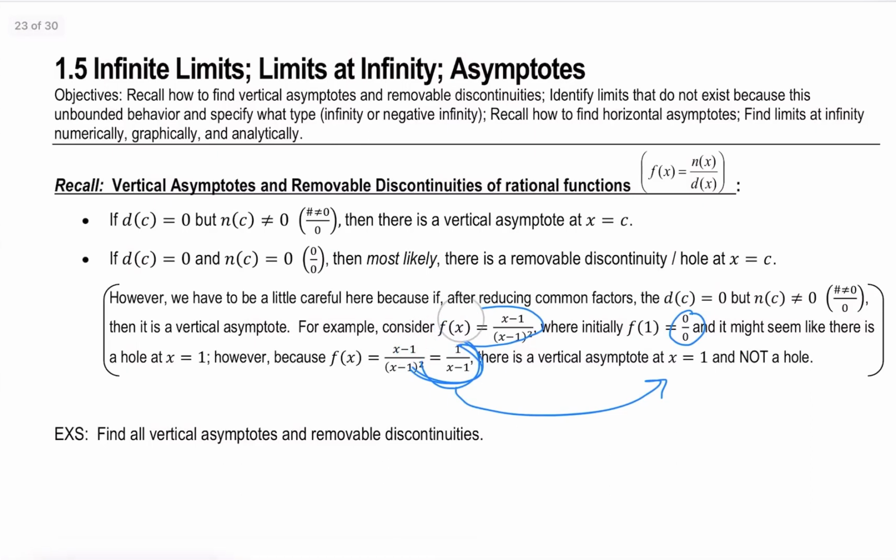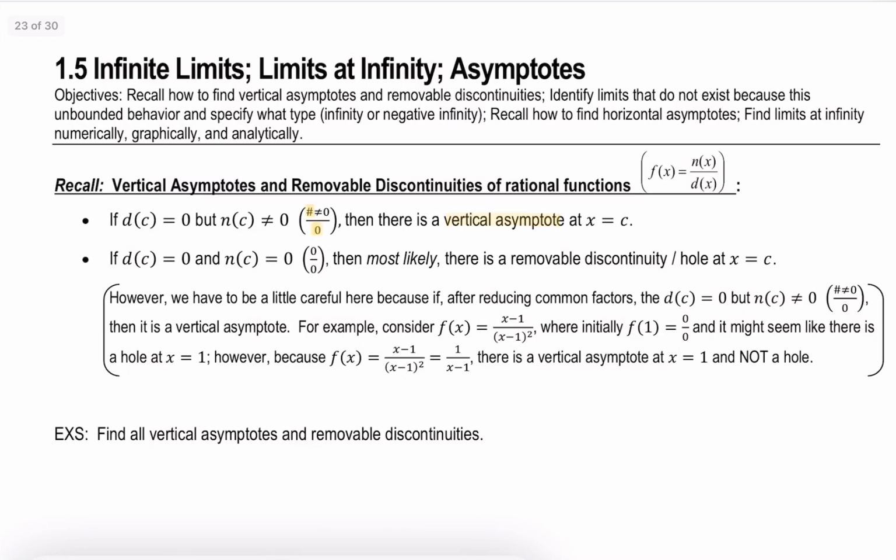This doesn't happen all that often, honestly, that you'd have something like x minus 1 over x minus 1 squared and have to think about reducing it to get to 1 over x minus 1, and then it's a vertical asymptote. So let's just talk about the most common situations. When you get a non-zero number over 0, that is typically going to be your vertical asymptote.